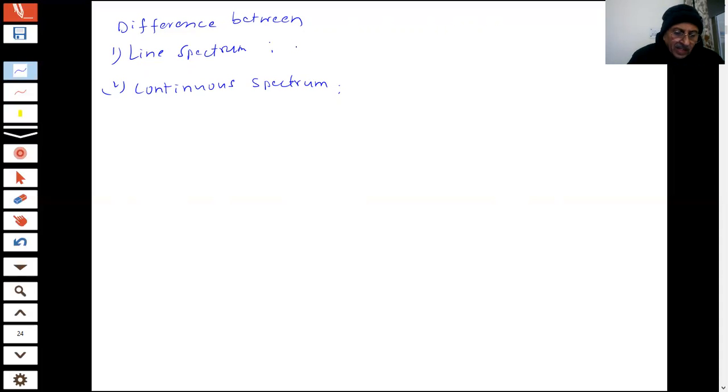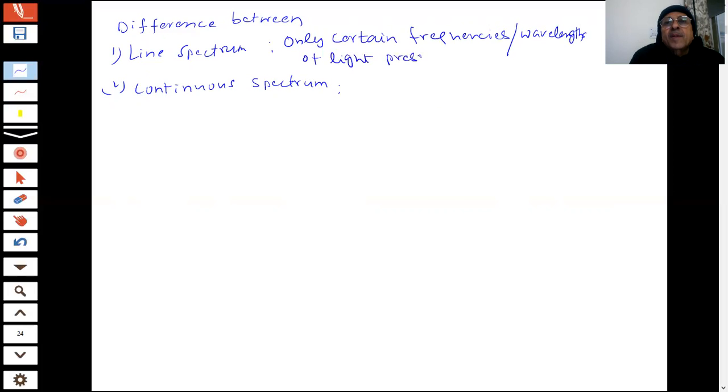These are emission spectra which we are studying. In a line spectrum you will see only certain frequencies or wavelengths of light present.